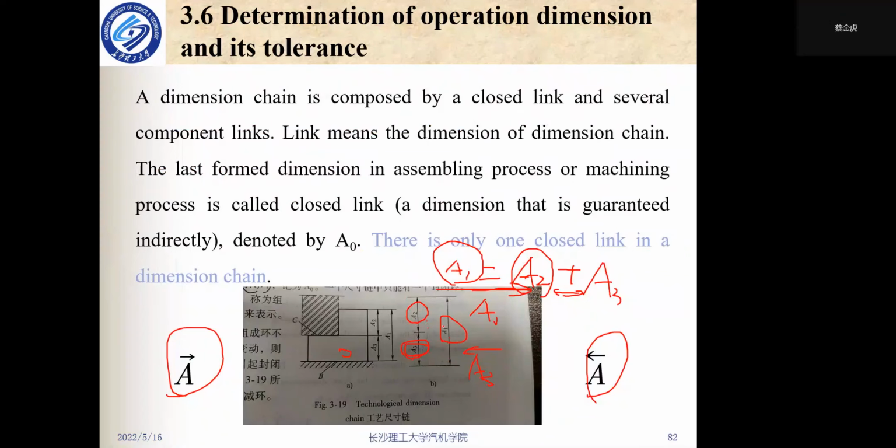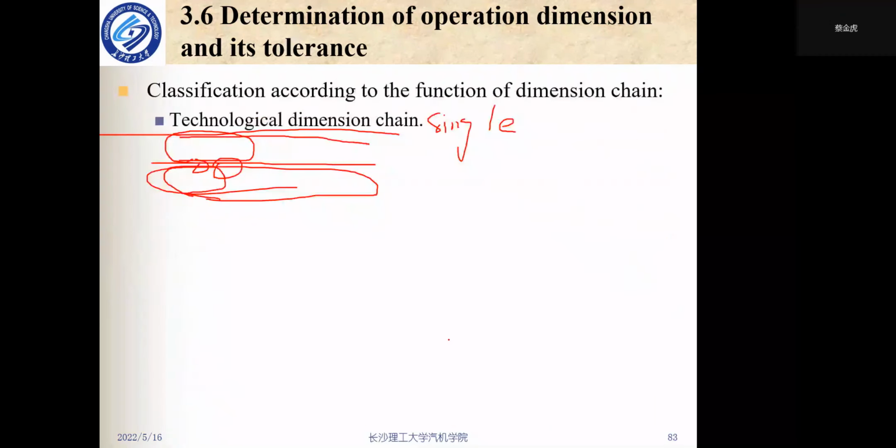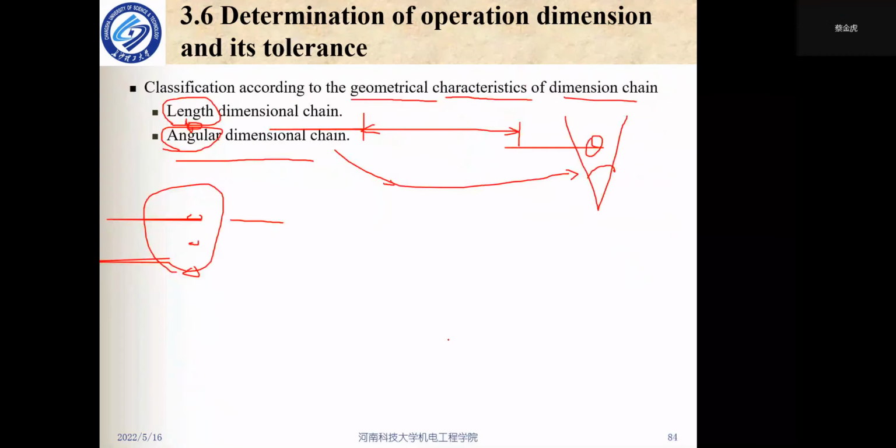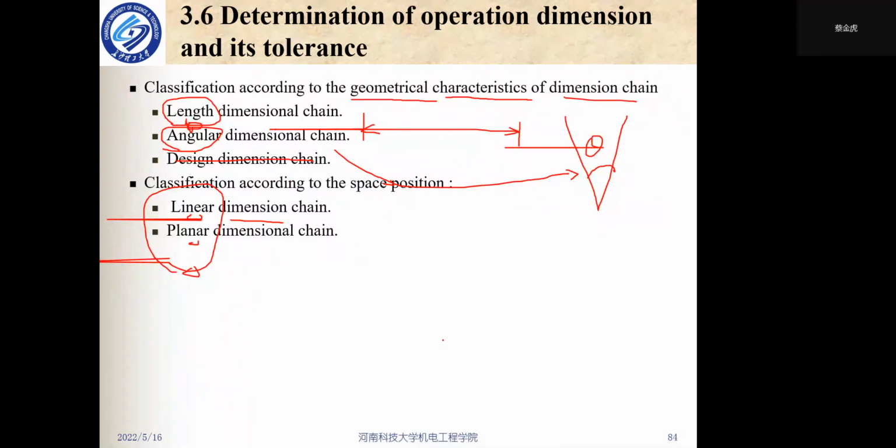So in this figure, it is a linear dimension chain. Now this is classification by space position. The second one is the planar dimension chain.